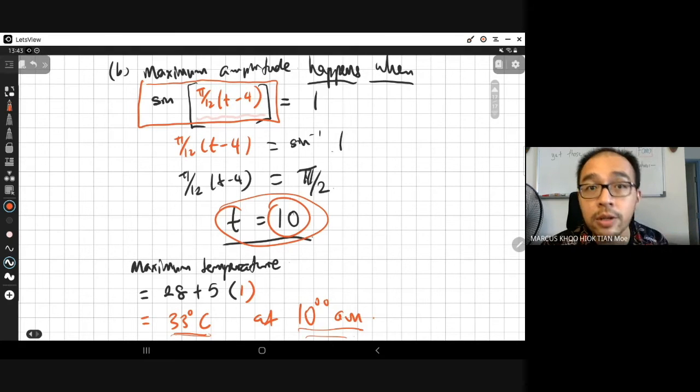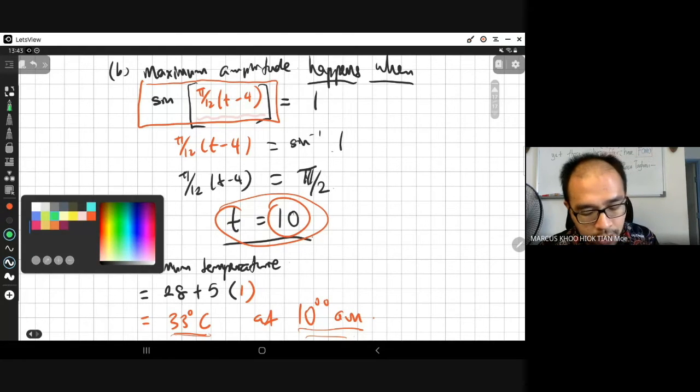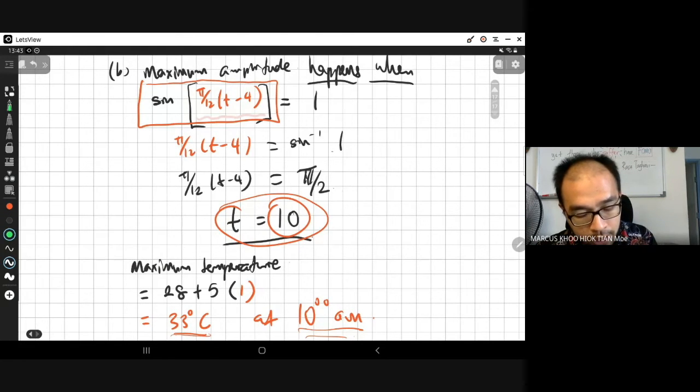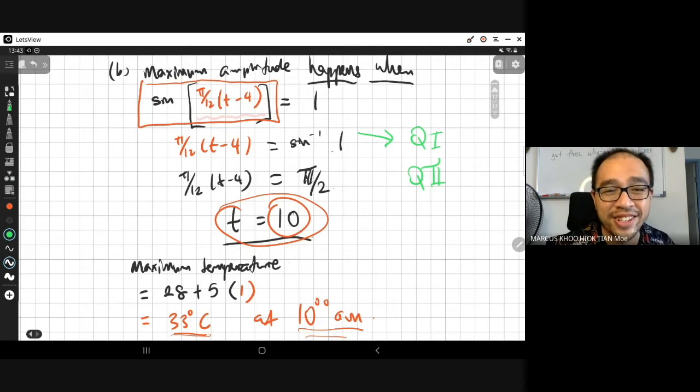So take a look at the calculation, guys. The calculation is like what? There's nothing really much to this calculation. Of course, there is a very important question. If you manage to detect the question, you will notice that I didn't ask you about this. This is supposed to be quadrant 1 and quadrant 2, right?